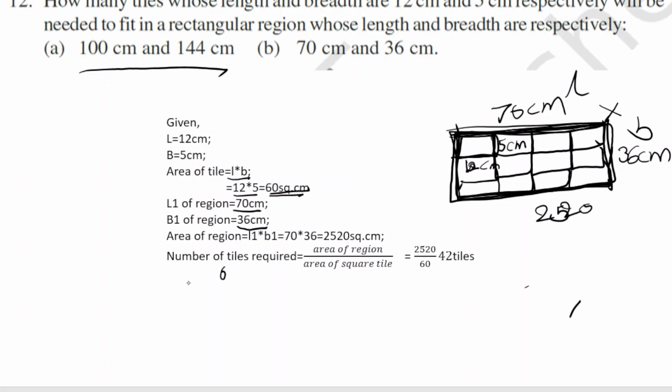Children, you know that the number of tiles required is equal to the area of the region by the area of the tile. Here the area of the tile is equal to 60 and the area of the region is 2520.